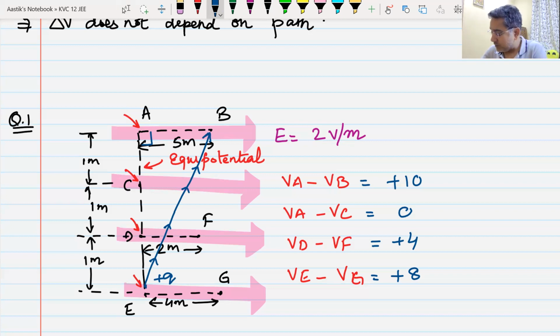Then the question could be, what is the work done by the electrostatic force in moving this charge from point E to point B?